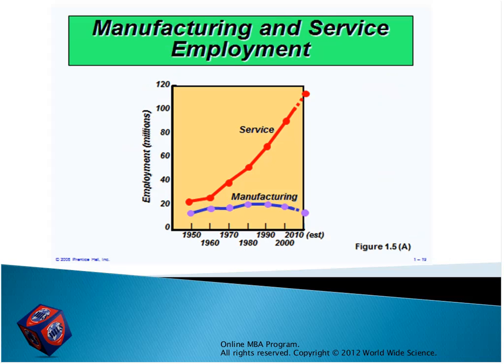Okay. Manufacturing and service employment. As you see, the vertical axis shows the employment in millions percent, and the horizontal axis shows the year, from 1950 until 2010.